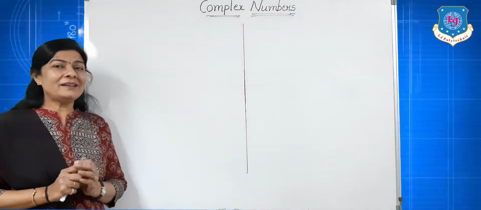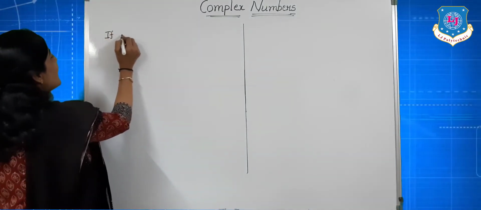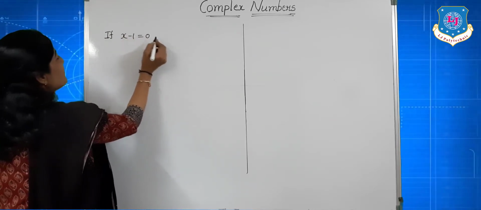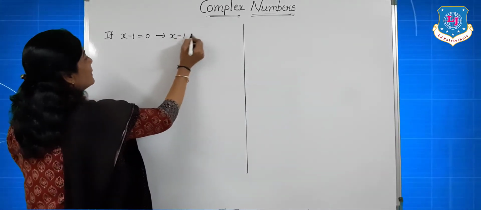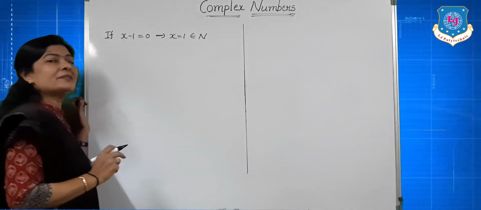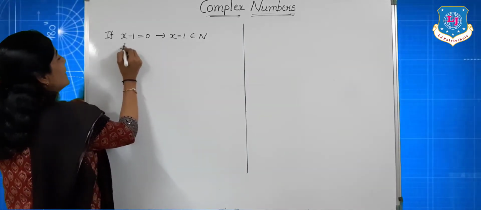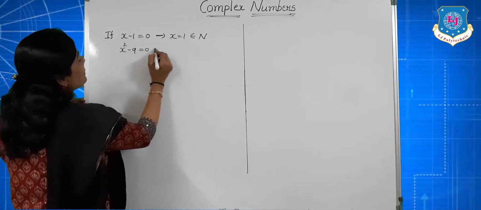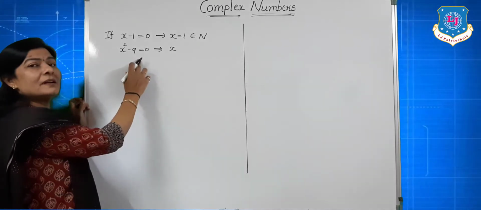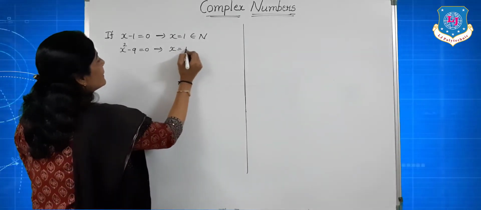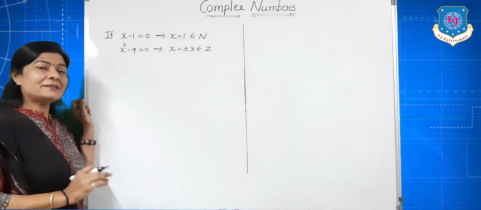First, why we need complex numbers? If x minus 1 is equal to 0, then x is equal to 1, which belongs to N, the set of natural numbers. If x square minus 9 is equal to 0, then x square is equal to 9. So x is equal to plus minus 3, which belongs to Z, the set of integers.